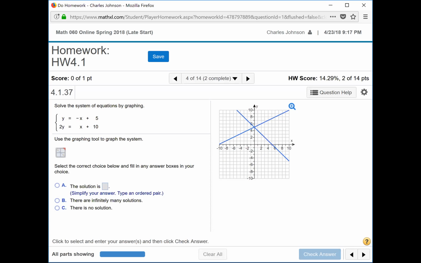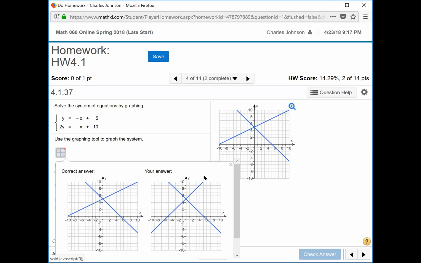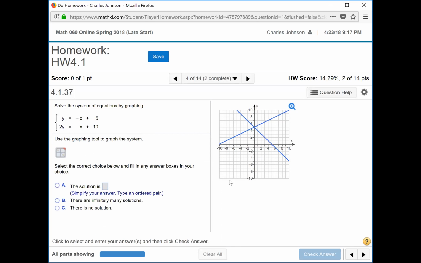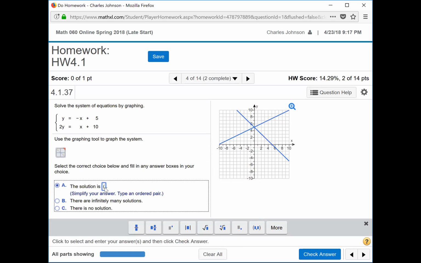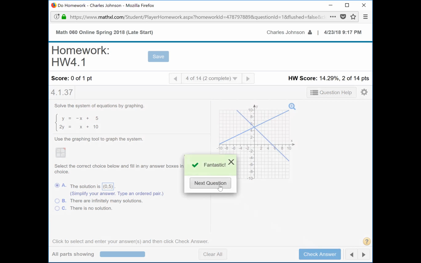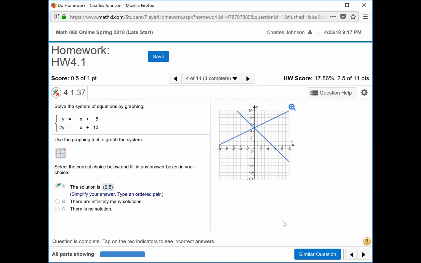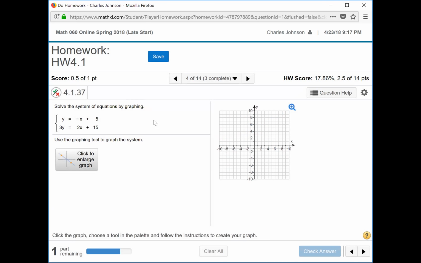Let's do another one of those. So y equals negative x plus 5.